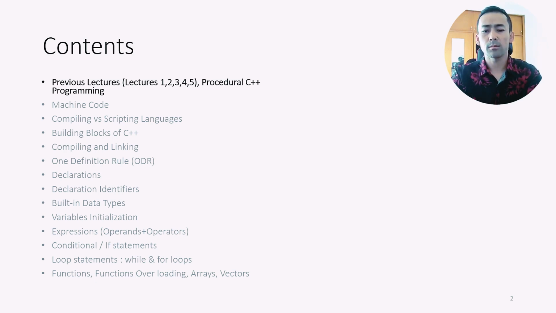And we also talked about vectors, and in the vector we said the size of the array is defined during runtime, and therefore it allows us to have large arrays that can be defined during runtime.